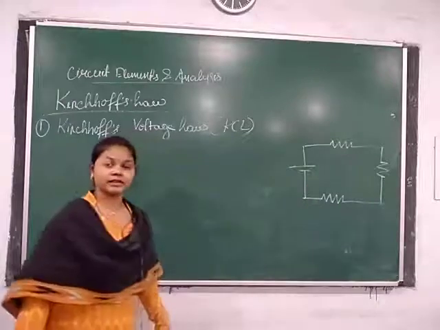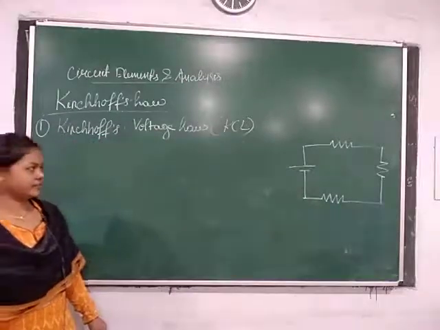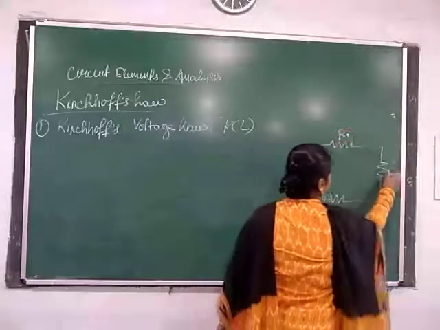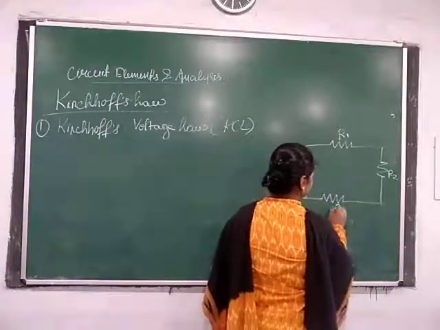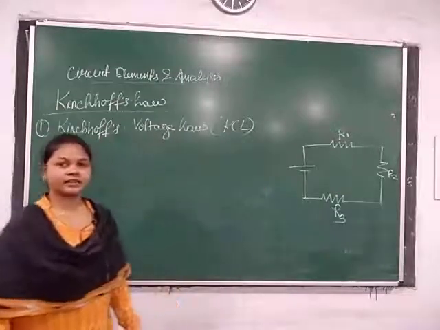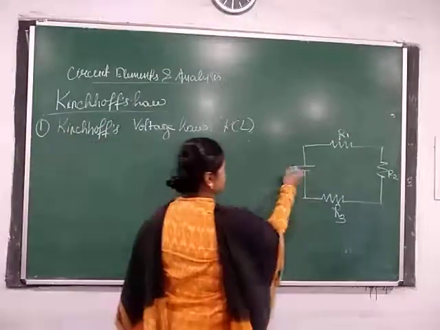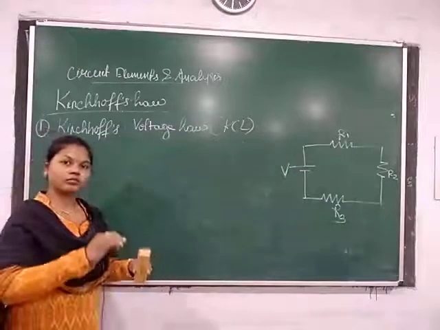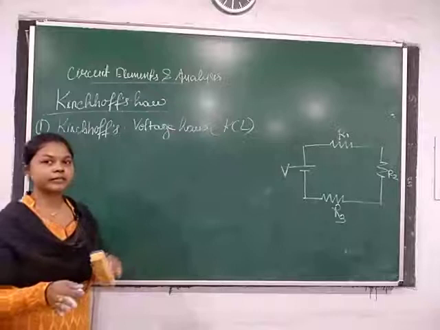If you remember the classification of circuit elements, this resistor is a passive element, and this voltage source is the active element. What do you mean by active and passive element?